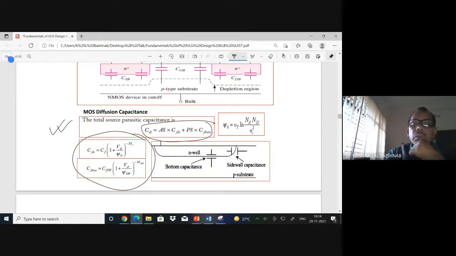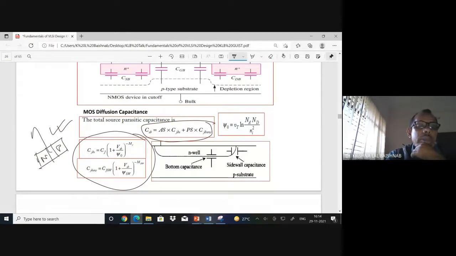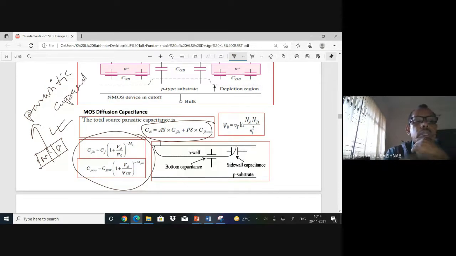What you studied in the MOS also, in a diode, I already said a diode is NMOS and PMOS, and we have a channel. This channel is a parasitic capacitance. So those capacitances are modeled like this.